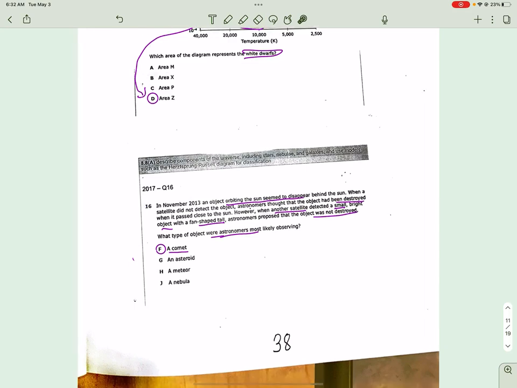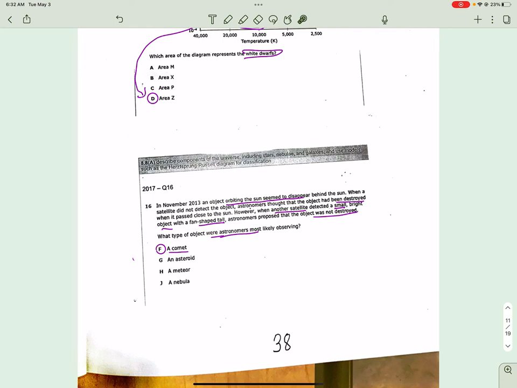Number 16. In November 2013, an object orbiting the sun seemed to disappear behind the sun. When a satellite did not detect the object, astronomers thought that the object had been destroyed when it passed close to the sun. However, when another satellite detected a small bright object with a fan-shaped tail, astronomers proposed that the object was not destroyed.